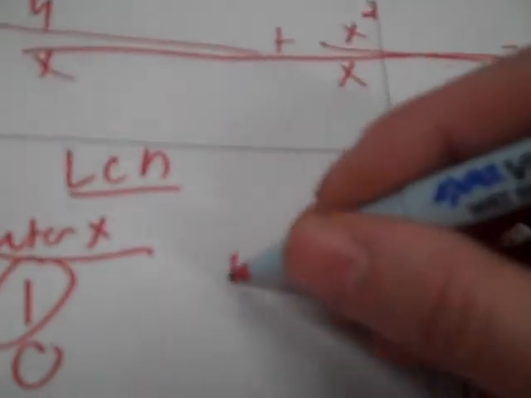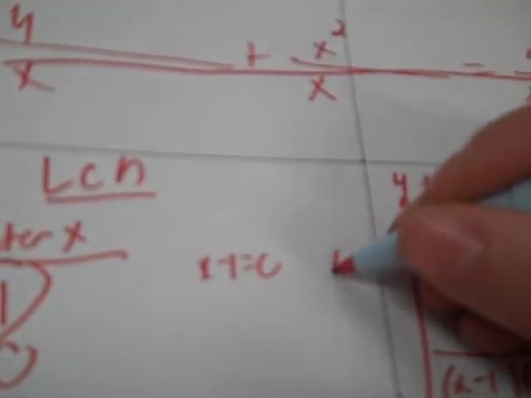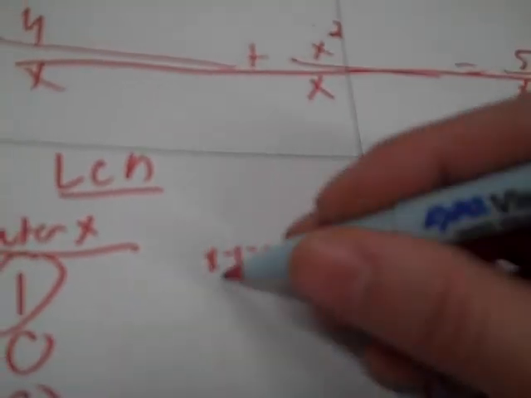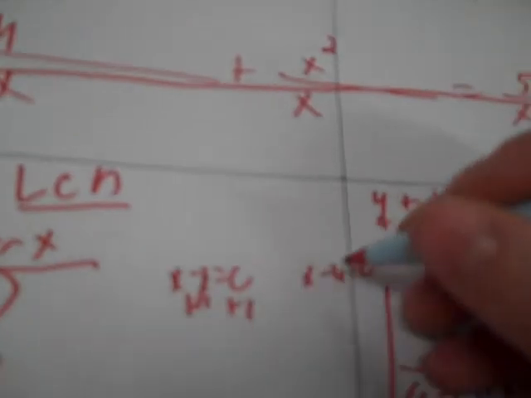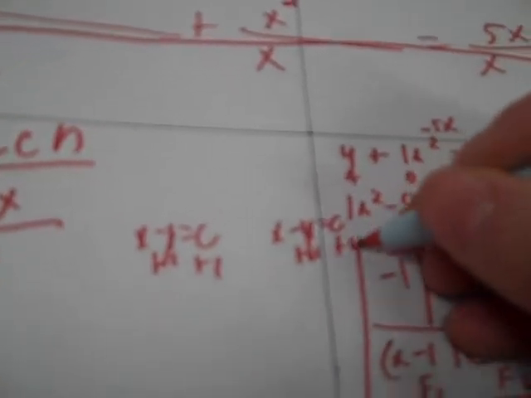A is simply 1. So I set the two factors, F1, F2. There was no GCF, so set each one equal to 0, and you have your two solutions. So you have 1 and 4. Kind of annoying that worked out that way.